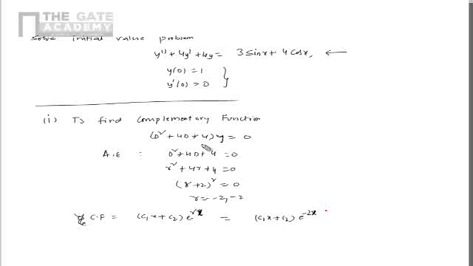Now let's find the particular integral, because to find the particular integral you require some manipulation. I mean, you need to remember the formula. So the particular integral is 1/f(D) times X, which is nothing but 1/(D^2 + 4D + 4) times 3 sin x, and let me separate it, 1/(D^2 + 4D + 4) times 4 cos x.